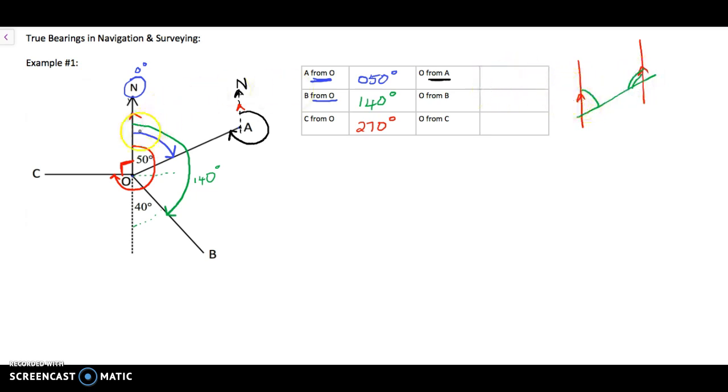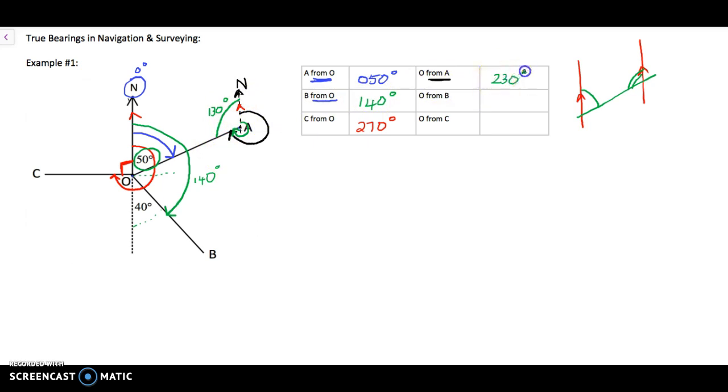So if this one here is 50 degrees, then the other angle left over here has to be 130. That helps me find this bearing of O from A, because 360 take 130 leaves me with a bearing of 230 degrees.